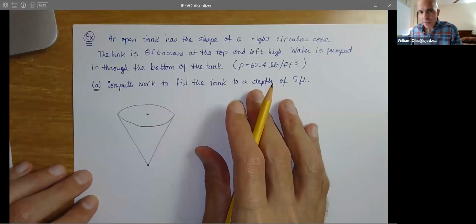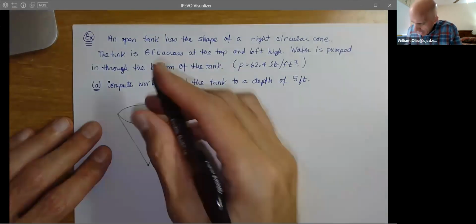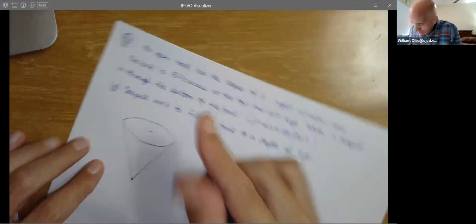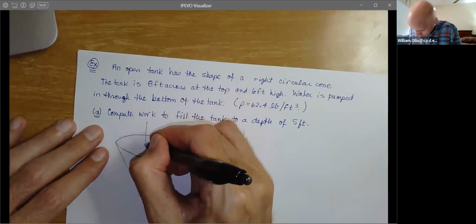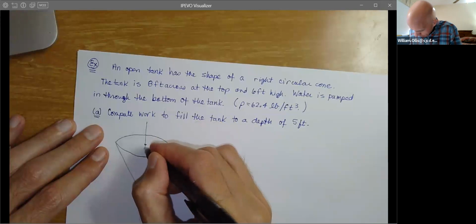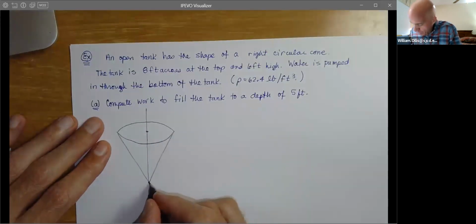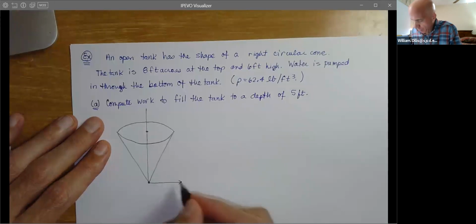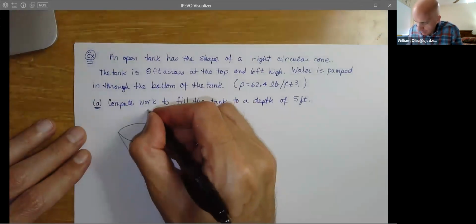Now, just like with the cylinder, we're going to think of an axis that goes right through the axis of the cone. So we're thinking about a vertical axis here, a y-axis, so to speak. If you want to think of an X, we're not going to use it, just like with the last problem.